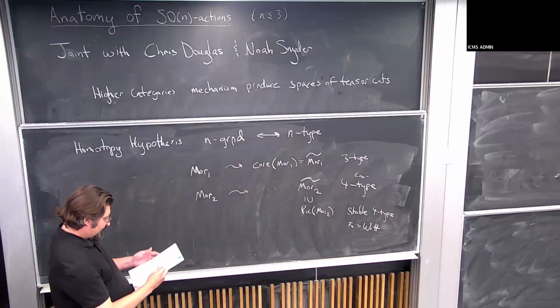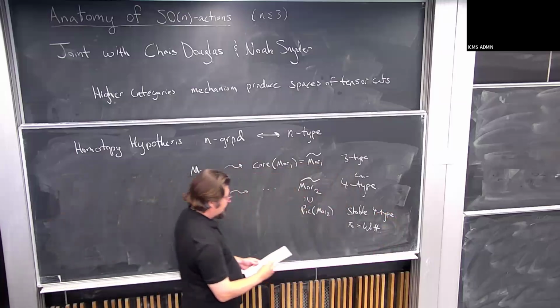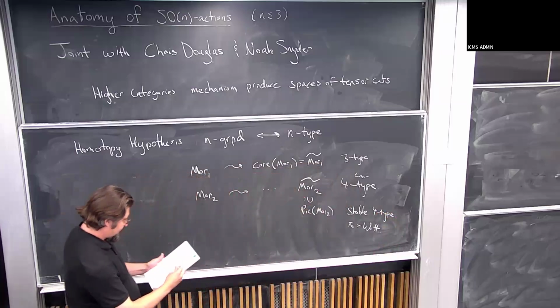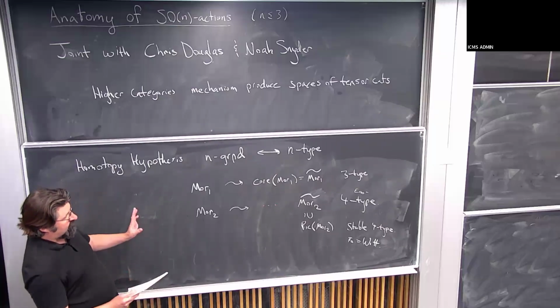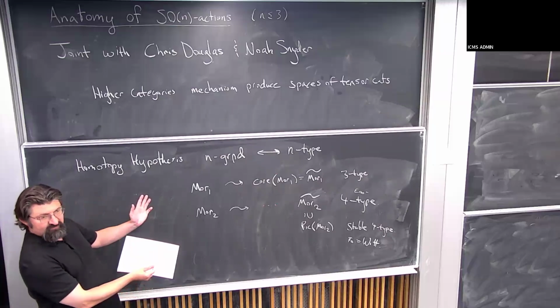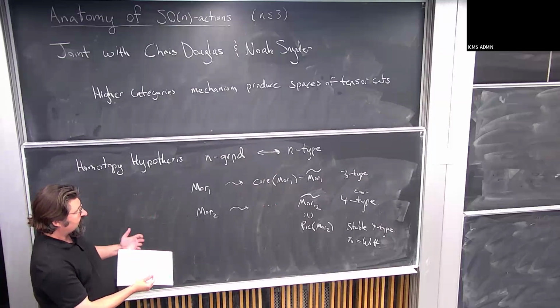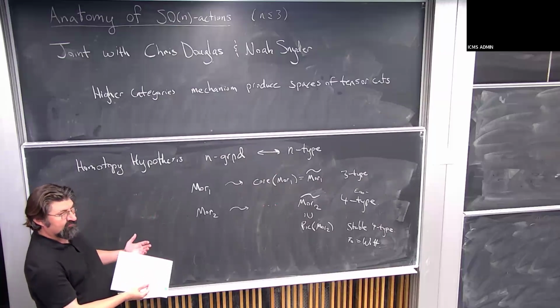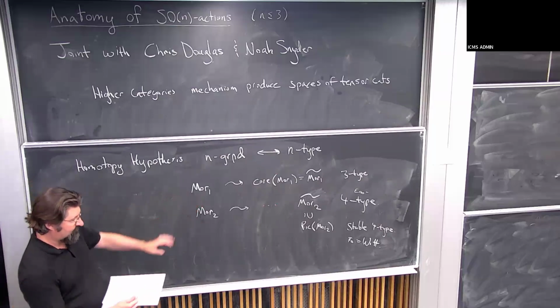If you're away from the invertible part, it's harder to say interesting stuff using the symmetric monoidal structure. So this is the vanilla way in which you can get spaces of tensor categories or structures on spaces of tensor categories. But there's another way in which these spaces arise, which gives you additional structure on these spaces, which is interesting.